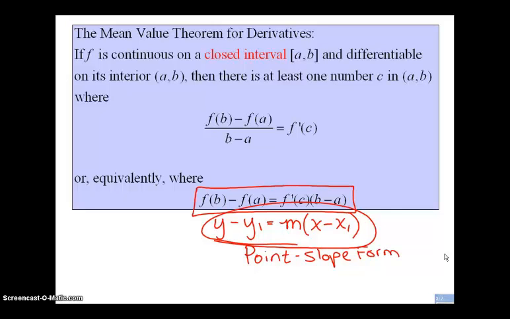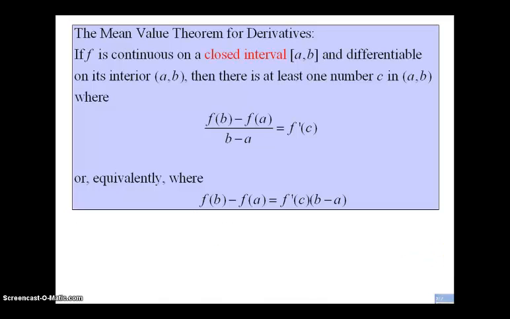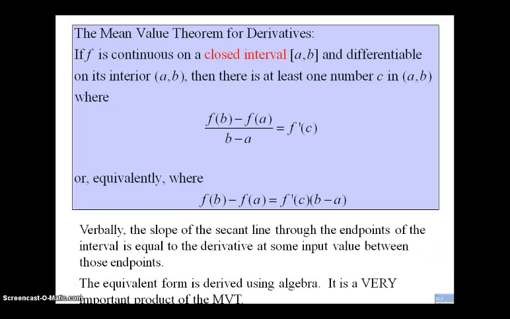That is a result of the mean value theorem for derivatives. So just a little interesting point. So verbally we say the slope of the secant line through the endpoints of the interval is equal to the derivative at some input value between those endpoints. Now that's only true if we're dealing with a continuous function on a closed interval.